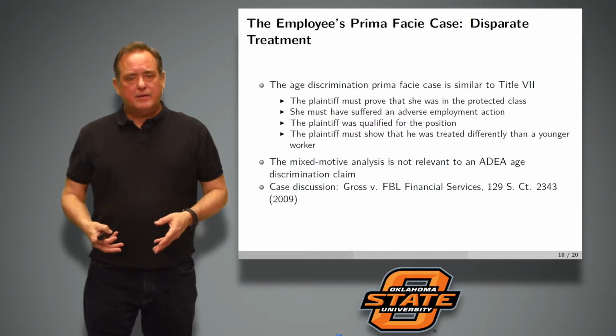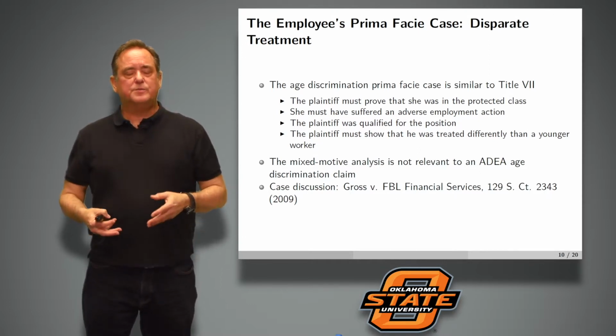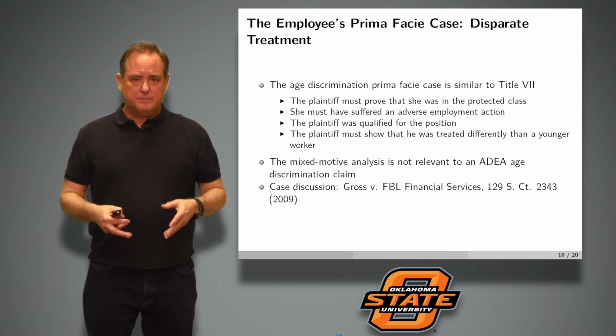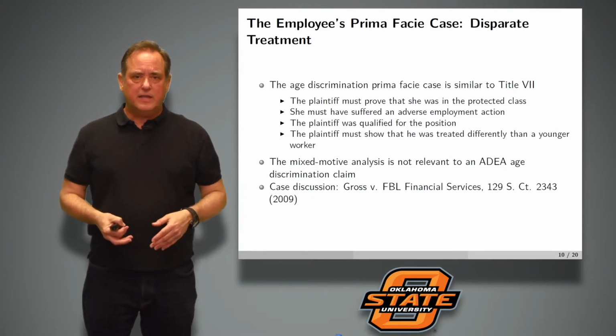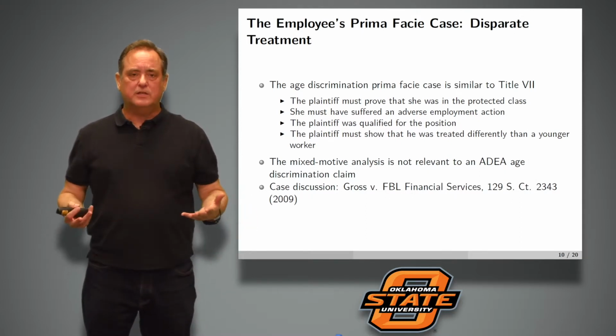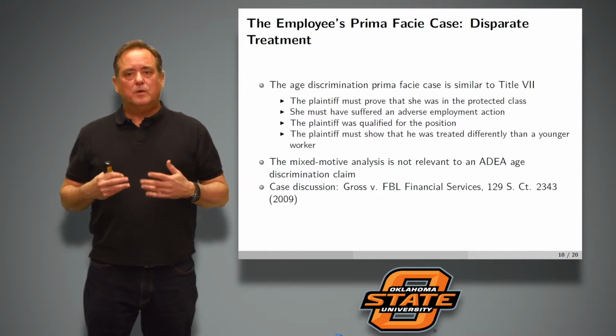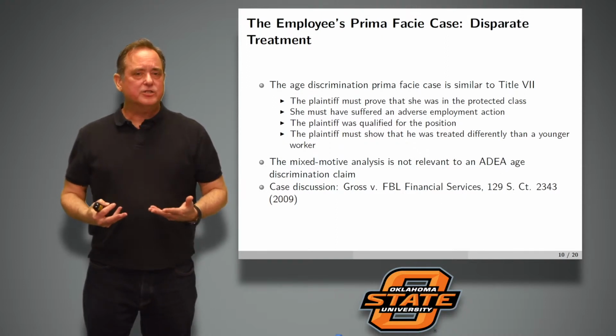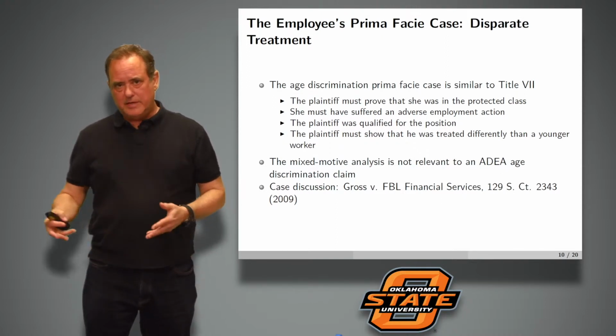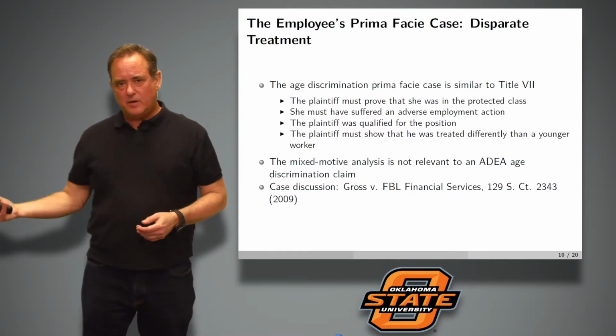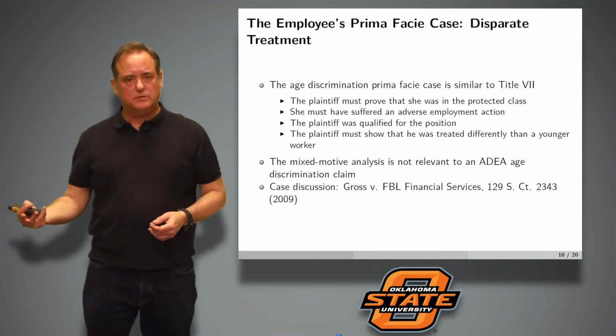In 1991, the Civil Rights Act was passed, and that said that consideration of any illegal factor made the whole decision illegal. Well, most courts had treated age discrimination in the same manner, that if you considered age, then that made the whole decision unlawful.